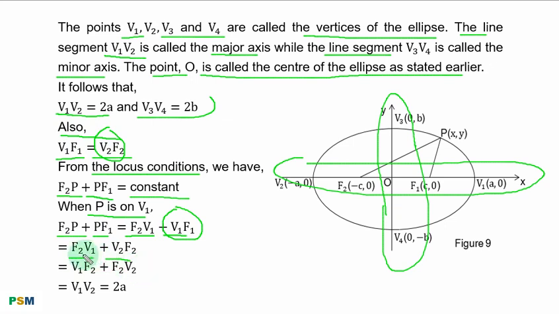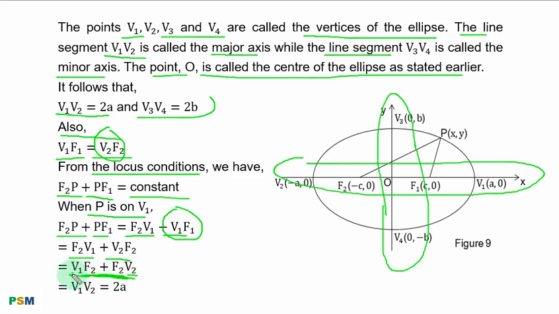If we follow the order of the subscripts, we have V1F2 plus F2V2. V2 is already here. You have V1. Now F2 is common.